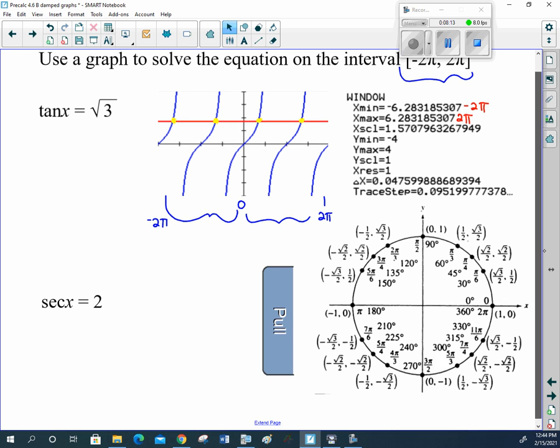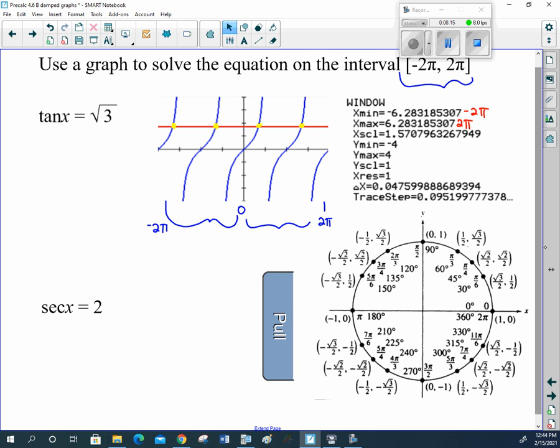If you're trying to find out where the tangent is the square root of 3, remember there are all kinds of definitions for tangent. We can say that's opposite over adjacent. We can call it y over x. We can call it sine over cosine. It doesn't matter.